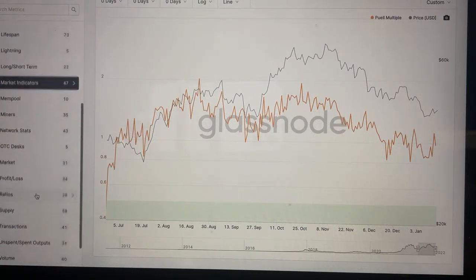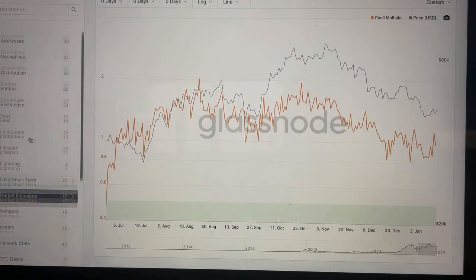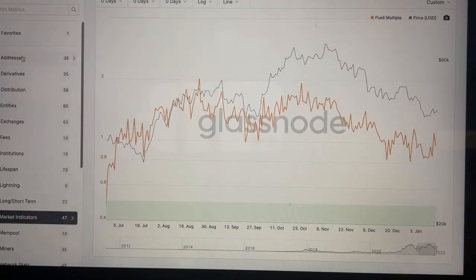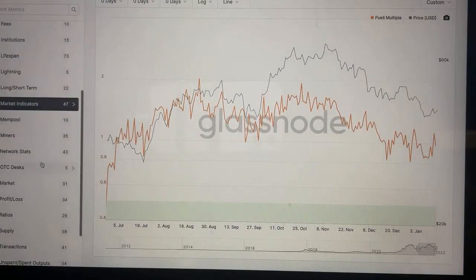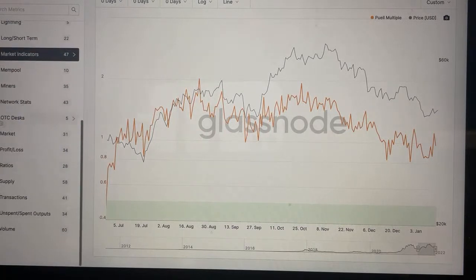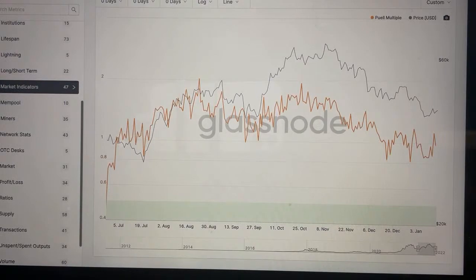And we can check too many stuff in cryptocurrency market. Let's see market indicator.